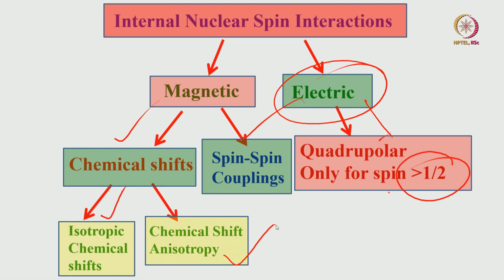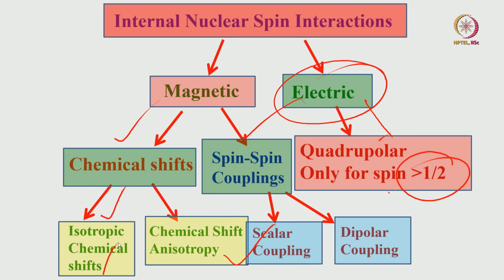Isotropic chemical shift means a regular solution state, where molecules are undergoing rapid tumbling motion and thermal agitation, so you will not see anisotropy. Now, spin-spin coupling, again I can classify into two groups: one is scalar coupling, the other is dipolar coupling.